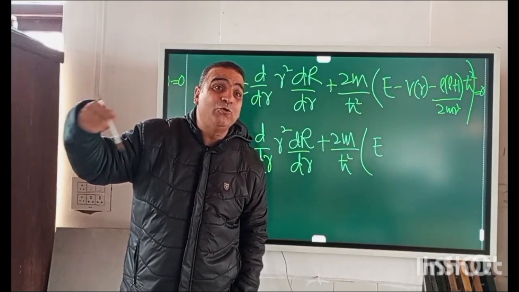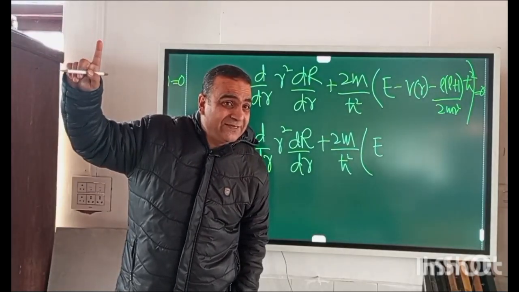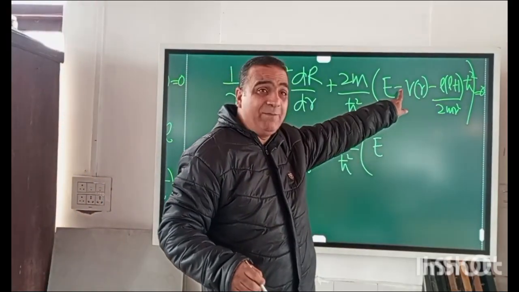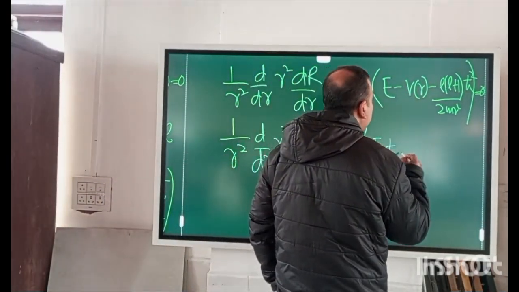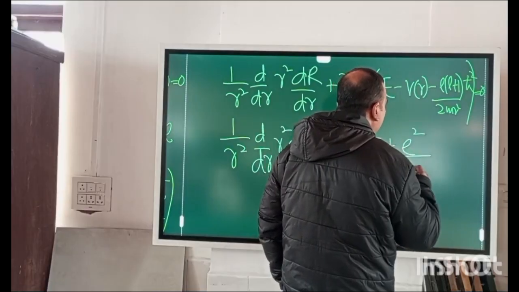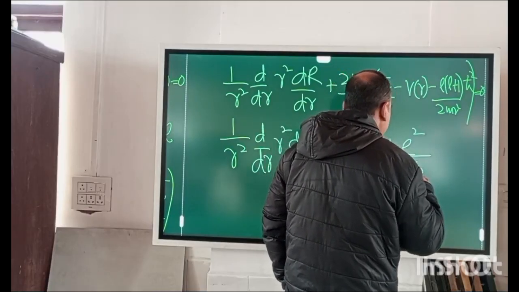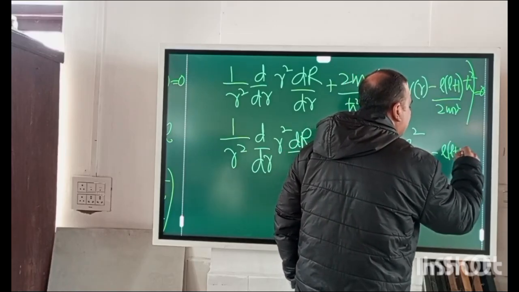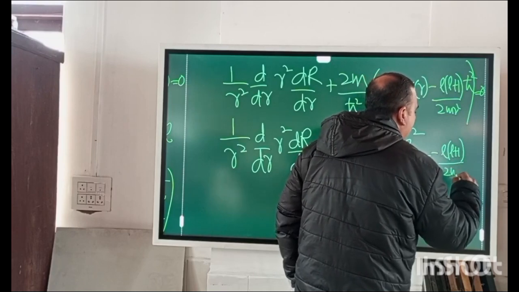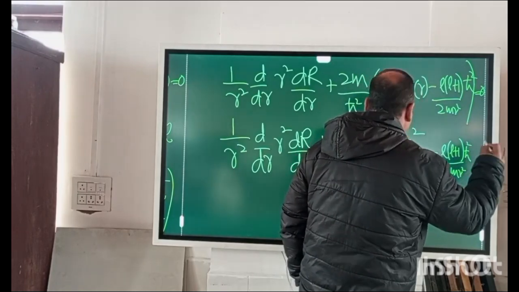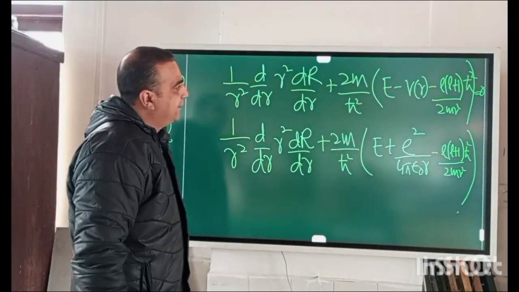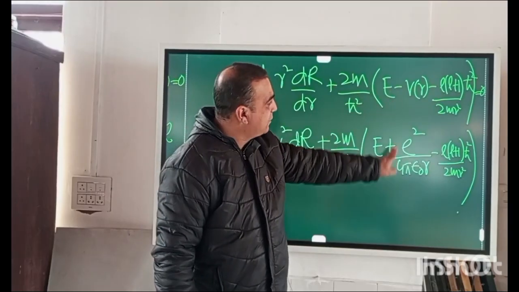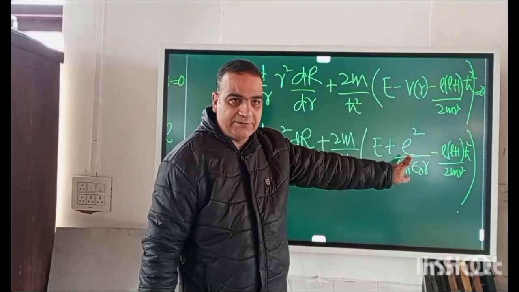But Q1 is plus, Q2 is minus, so it is minus e square by 4 pi epsilon naught r. But that minus will be multiplied by this minus, so you will get plus e square by 4 pi epsilon naught r, minus L into L plus 1 divided by 2m r square h bar square, and close. So here I have used the equation of electric potential energy. It was negative, it has become positive.